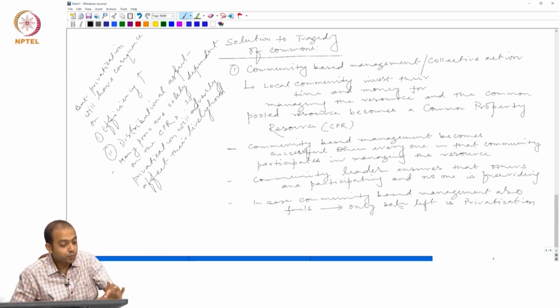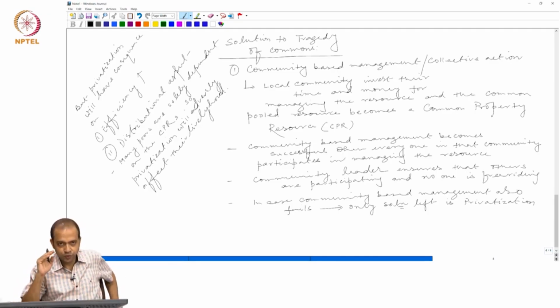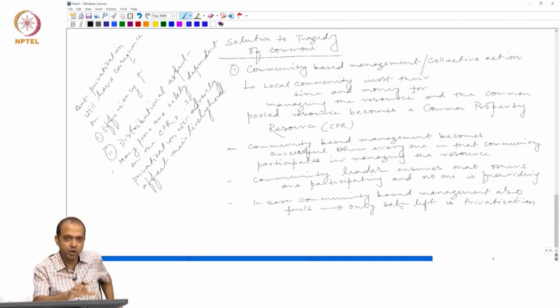So, we need to think about this efficiency and the distributional aspect carefully before privatizing a particular common property resource. Efficiency will improve, but the distribution or equity concept, the equity will go down, because many poor are solely dependent on this type of common pool or common property resources.